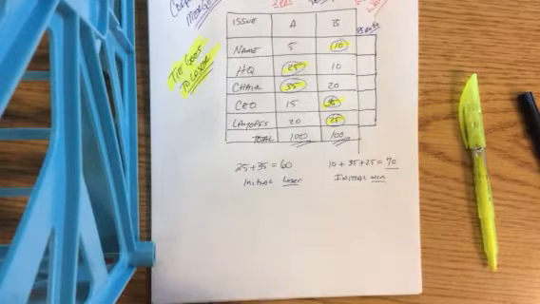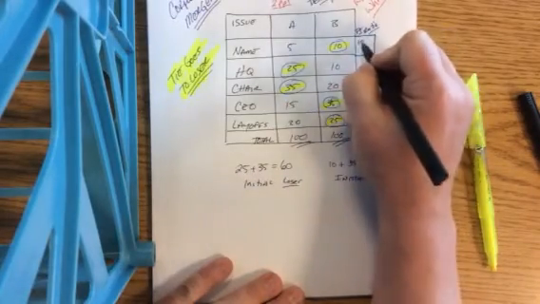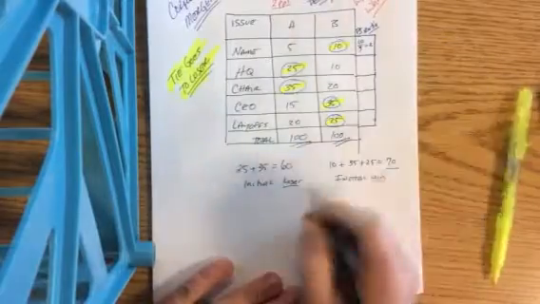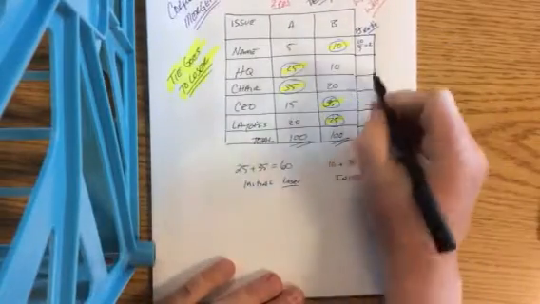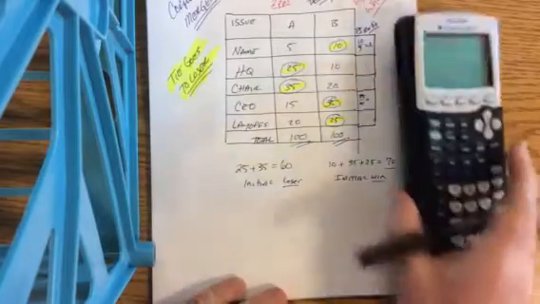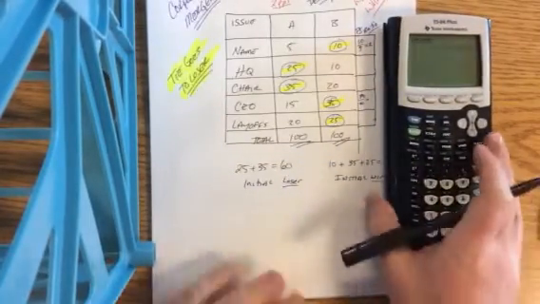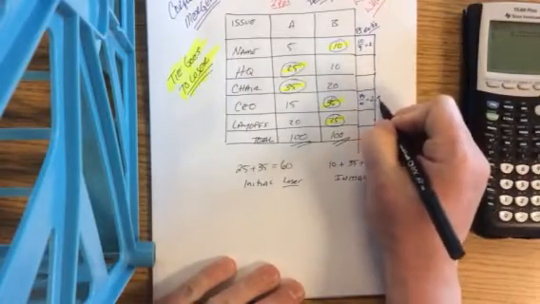What that's going to do is that's going to come down to point ratios. So you take the winner, 10 over 5, which is 2. You take 35 over 15. You can absolutely use your calculator. There's nothing wrong with that. 35 over 15 should give you 2.3.